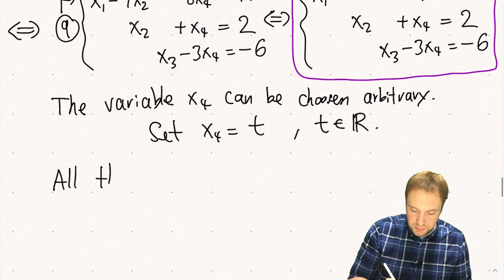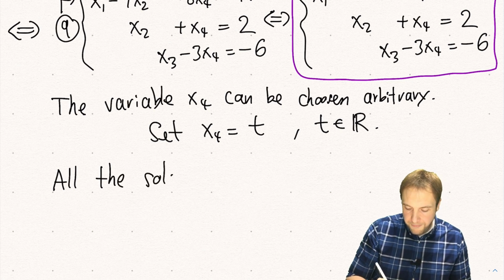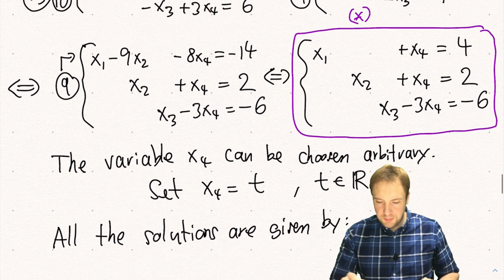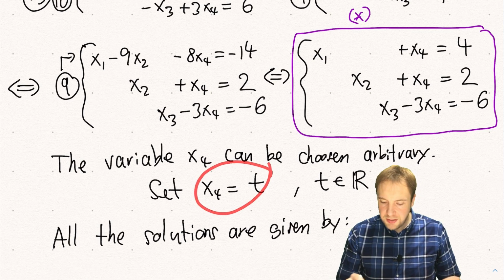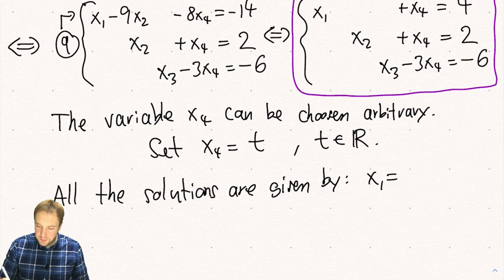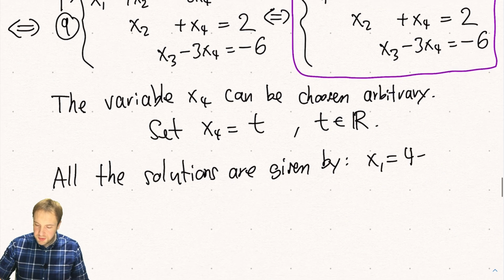So all the solutions: if x4 is t, what is x1? Well, we can subtract x4 from there. So we see that x1 equals 4 minus t.